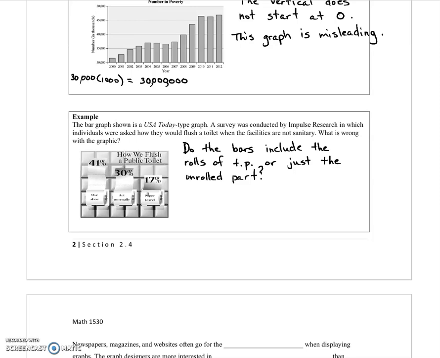In other words, is the part that I'm supposed to look at to represent the bar just down to here? Or is it the whole thing all the way down to the bottom of the roll? We don't know because they don't tell us.